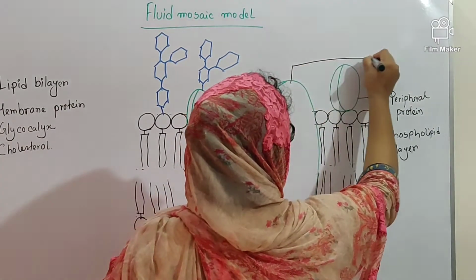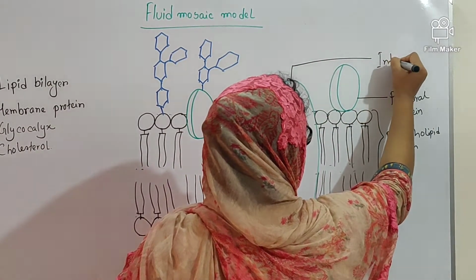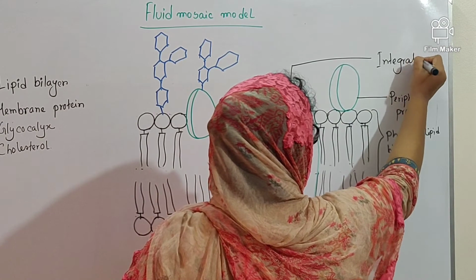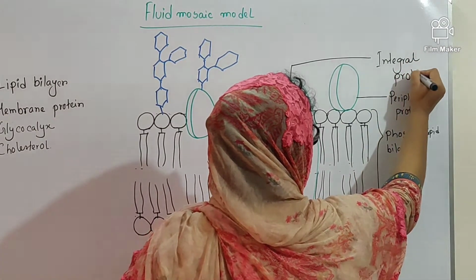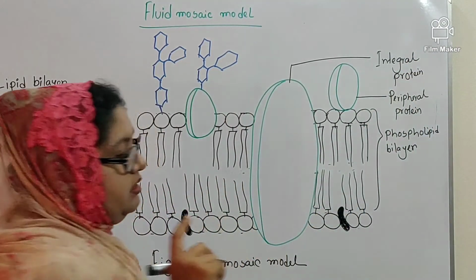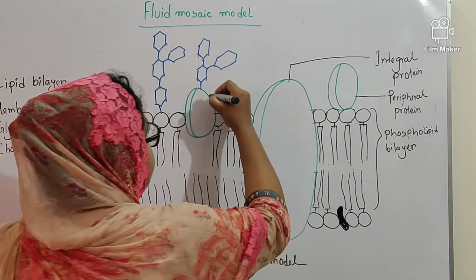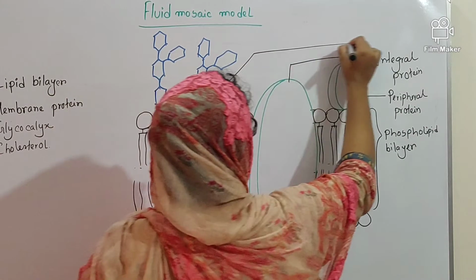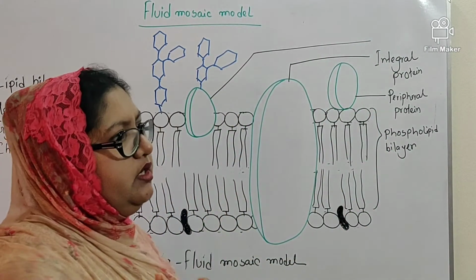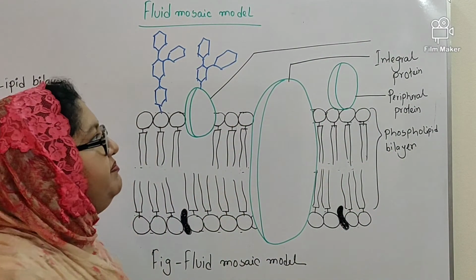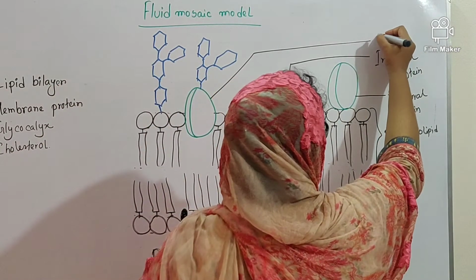This is the integral protein. Now there is another protein molecule that is present here, it is known as a globular protein or lipid binding protein. You can write whatever you want.